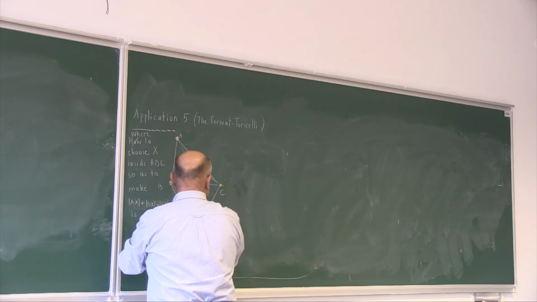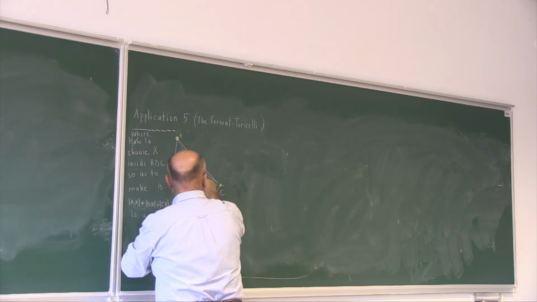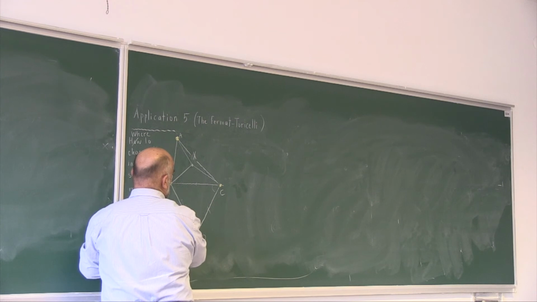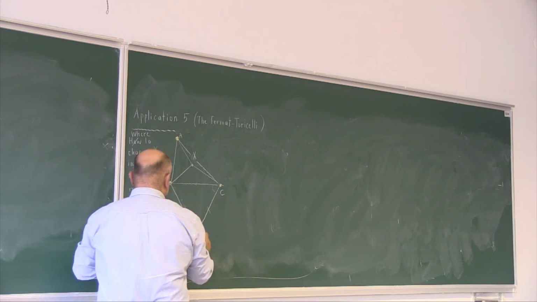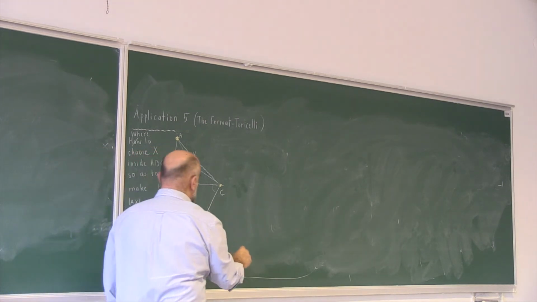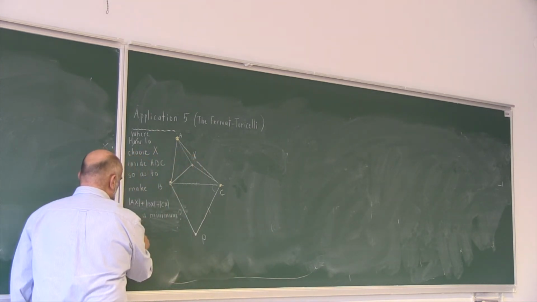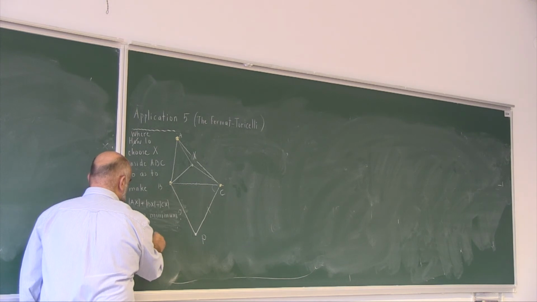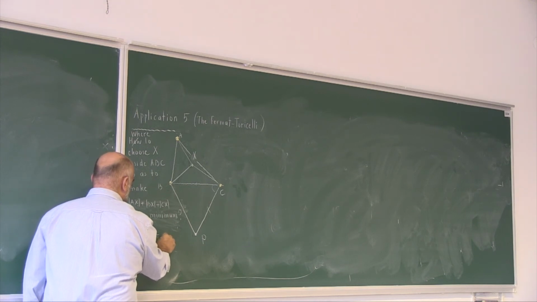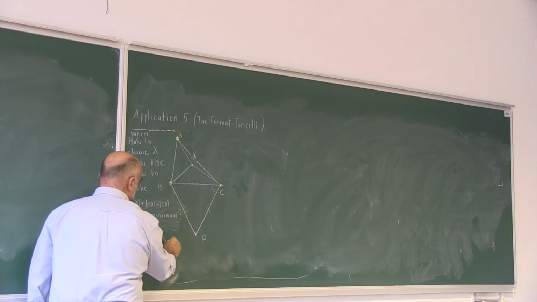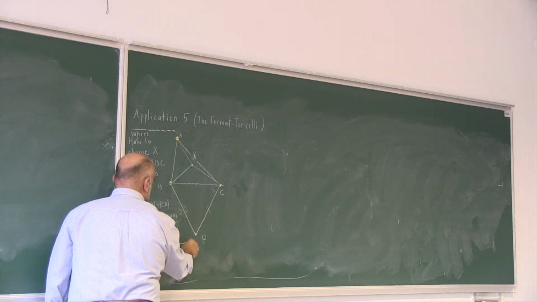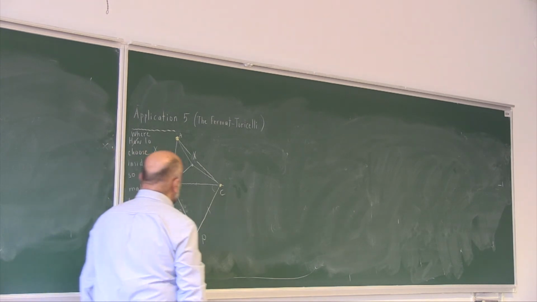Okay. Since this is 60 degrees, since this side is equal to this side, and since this is 60 degrees, BPC is an equilateral triangle. So the solution of Torricelli is important: take a rotation with center C and angle pi over 3, which of course sends B into the point P. Right.